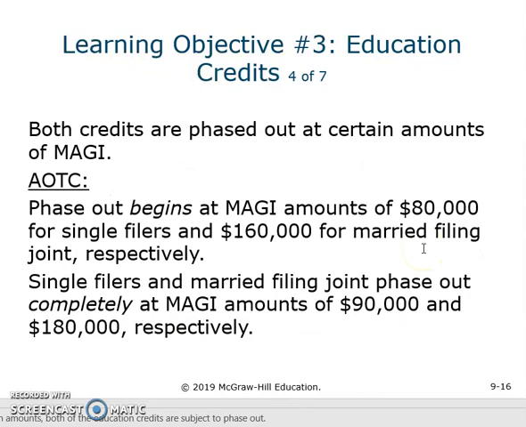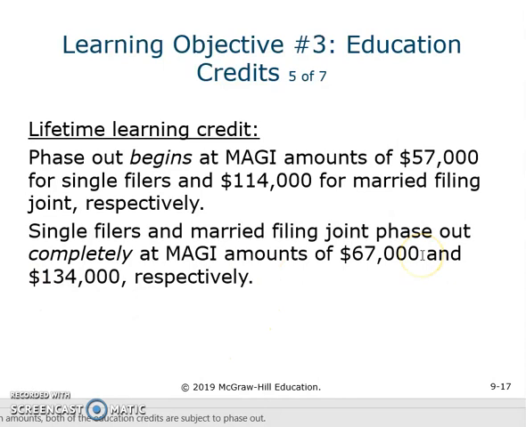Both credits are phased out at certain amounts of modified adjusted gross income. The American Opportunity Tax Credit begins phase out at modified adjusted gross income amounts of $80,000 for single filers and $160,000 for married filing jointly. And the phase out ends completely at income amounts of $90,000 for single filers and $180,000 for married filing jointly.